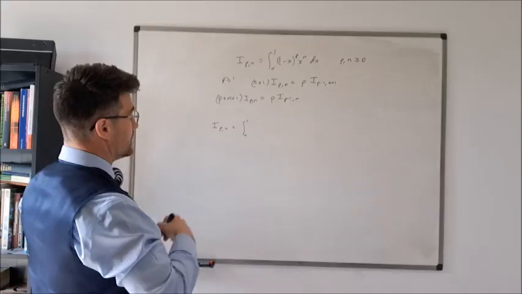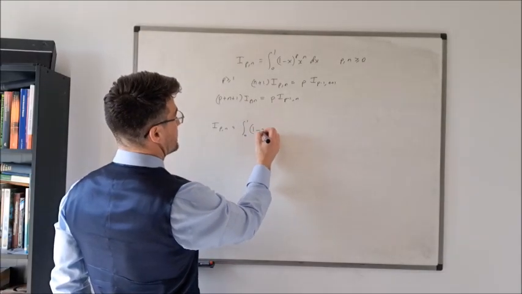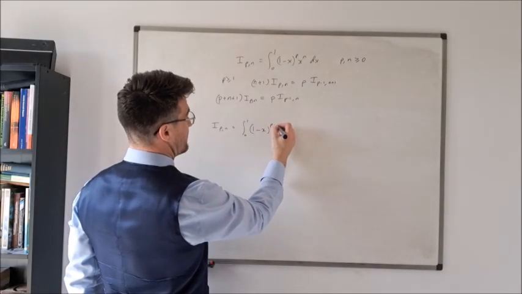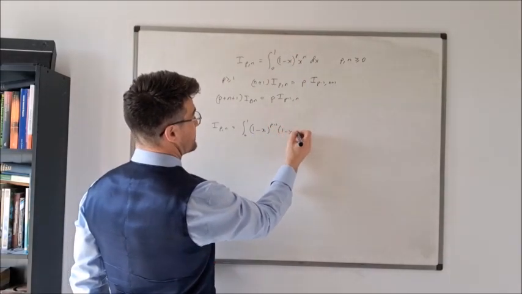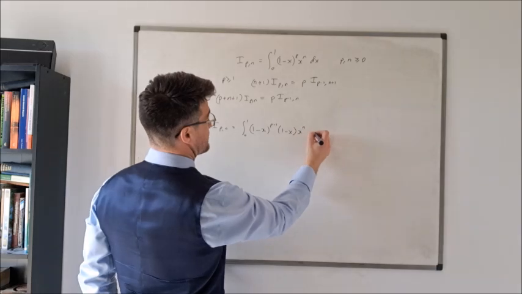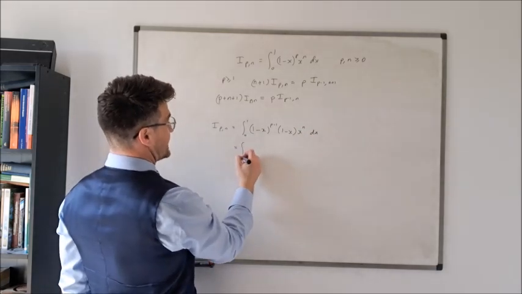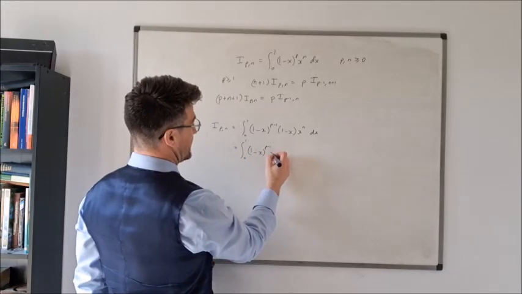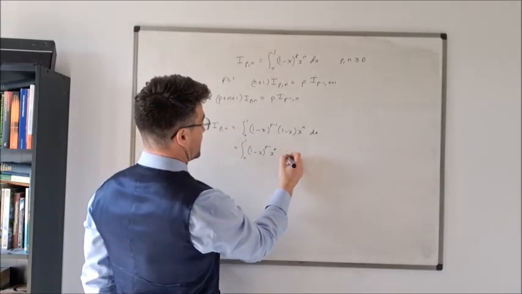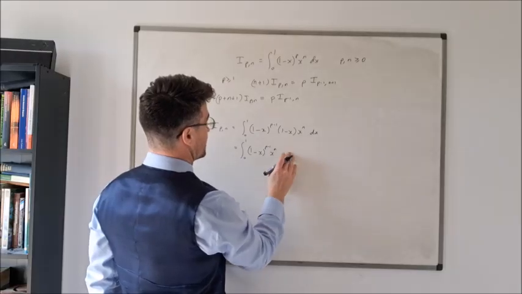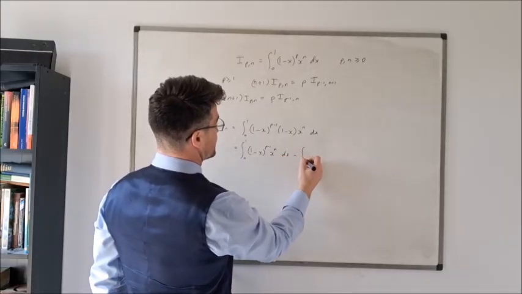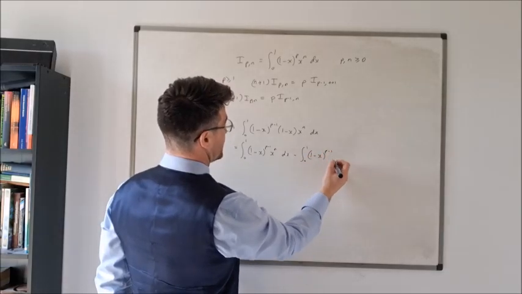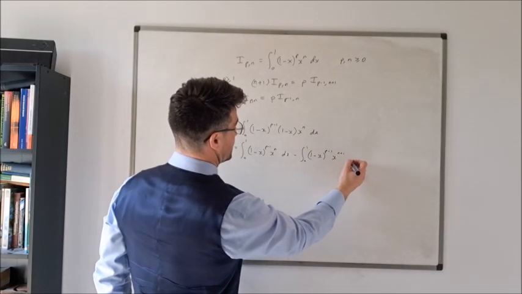So what I did was write 1 minus x to the power of p as 1 minus x to the power of p minus 1 times 1 minus x, times x to the power of n, which is the integral from 0 to 1 of 1 minus x, p minus 1, x to the power of n dx, minus the integral from 0 to 1 of 1 minus x to the power of p minus 1, x to the power of n plus 1.